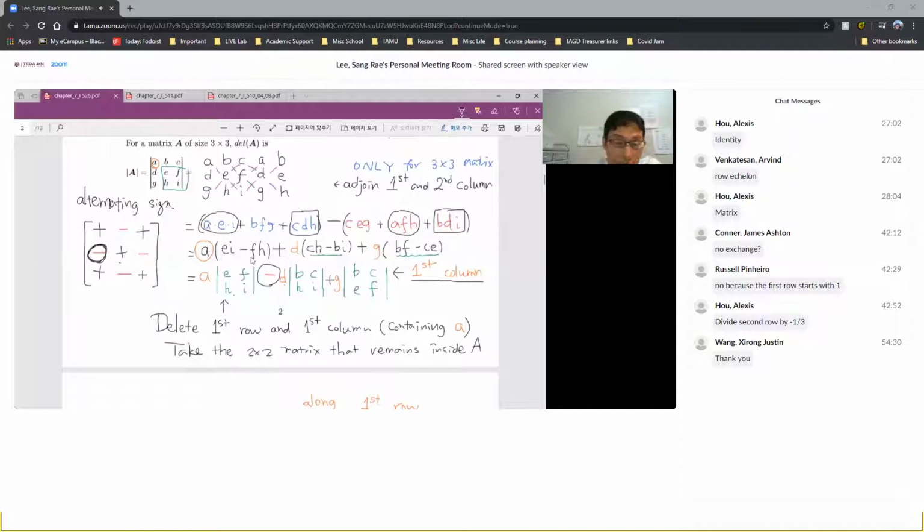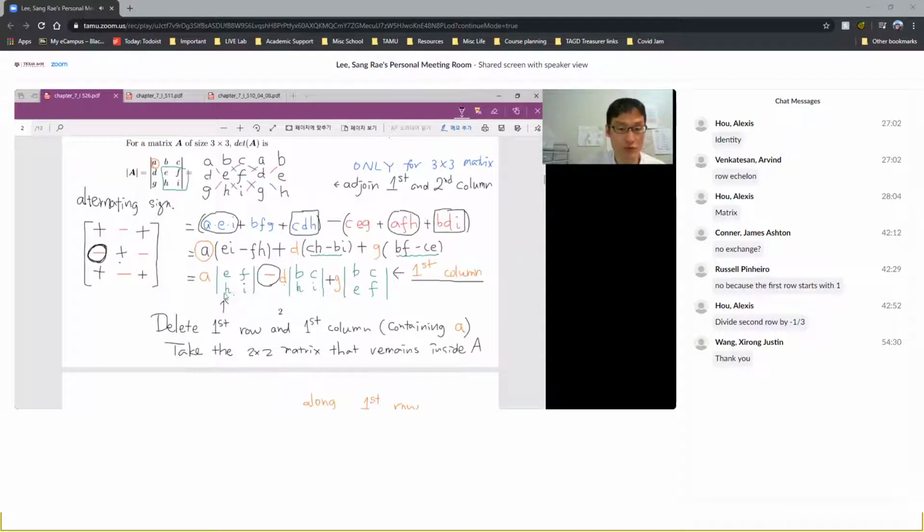I'm not sure. Anyway, so for this expression, we use the first column, A, D, G. So we have A, D, G as kind of coefficients. For this A, you want to take the determinant of a 2 by 2 matrix. This matrix is not random.